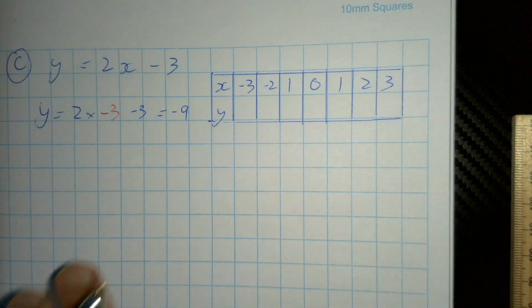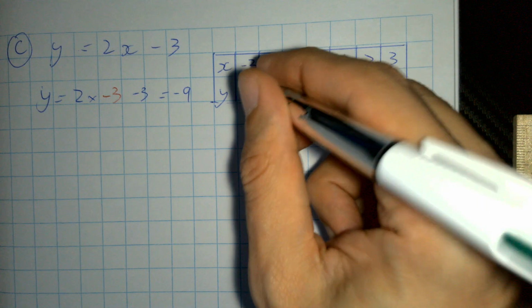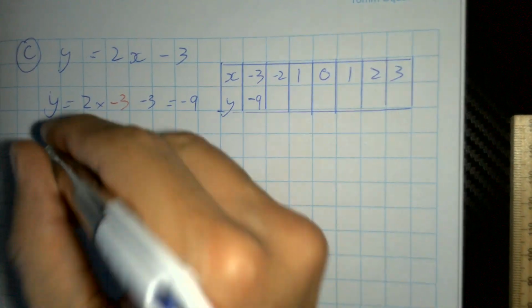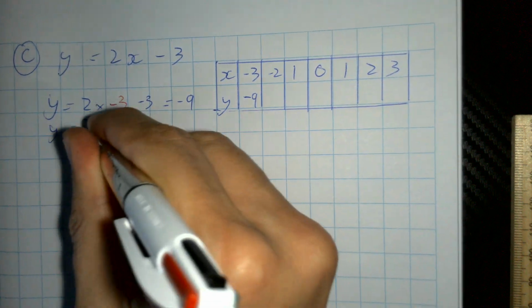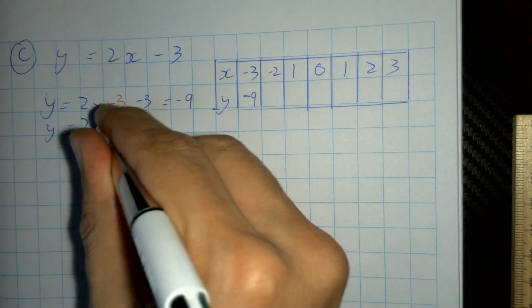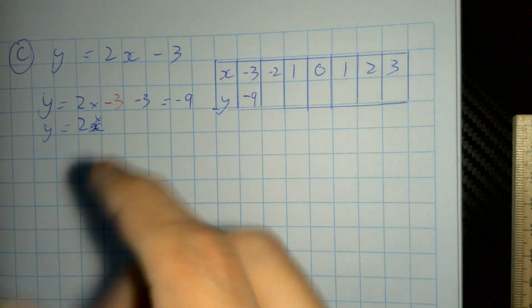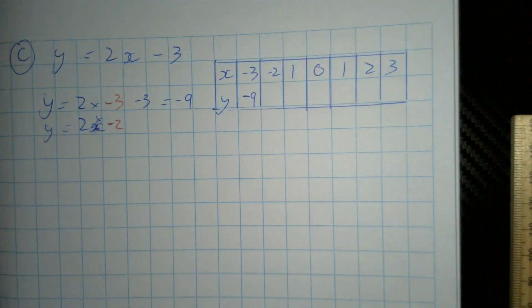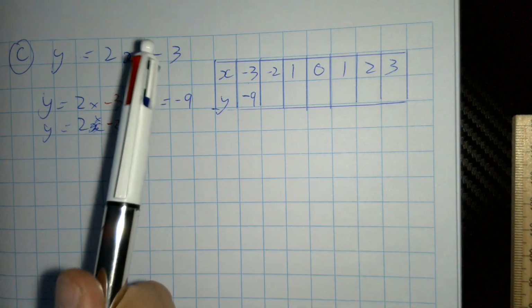Remember to use a calculator if you're a little bit unsure of some of these. Minus 9 is my answer. Minus 9 goes here. For the next one, y equals 2x, 2 times, we've already done minus 3, now we're doing minus 2. 2 times minus 2, minus 3, because that's what the equation up here says.